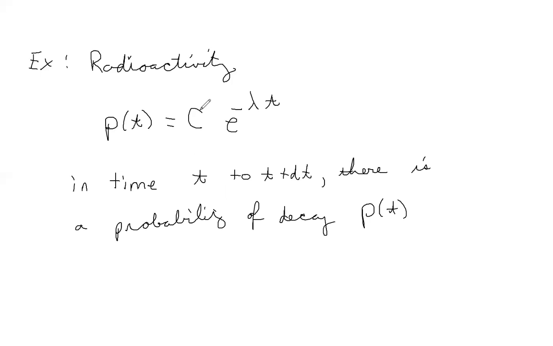A typical thing we want to do then is figure out what this constant c is. Usually, the overall coefficient for the probability distribution can be set by requiring that 1 equals the integral of P of t dt. Now let's be a little more careful here. What about the limits of integration?